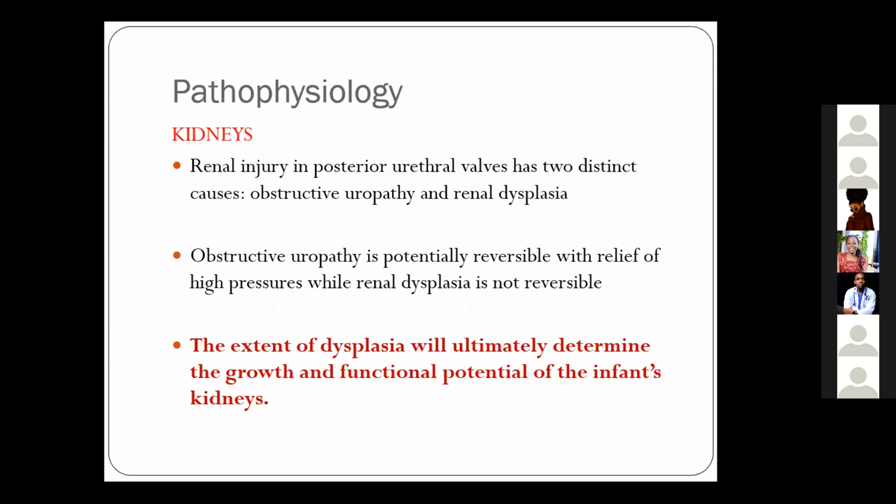Now, in the kidneys, renal injury in posterior urethral valves has two distinct causes. And we already said that one of the effects on the kidneys can be from the obstructive uropathy, and the other can be renal dysplasia.